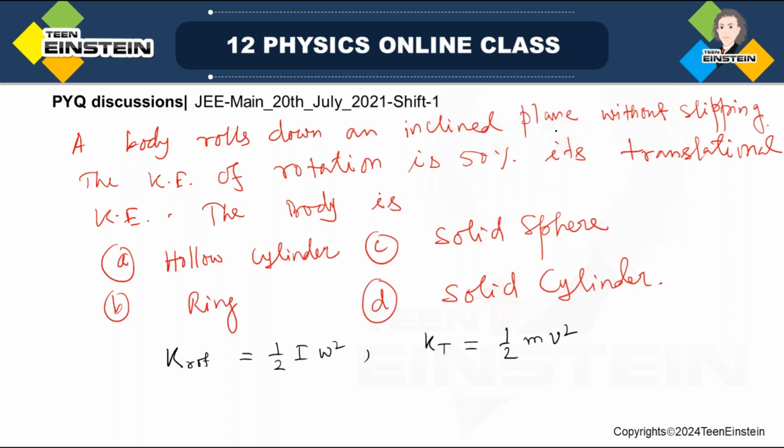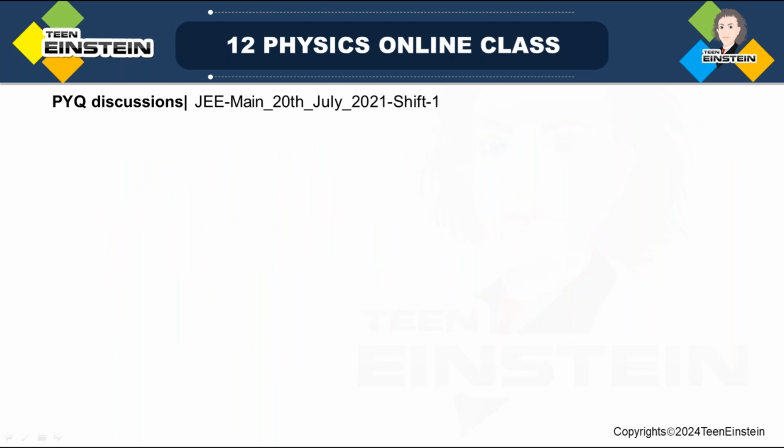See here, rolling without slipping is given. That means you can write v equals R omega. This R is the distance from the axis of rotation. Now look, according to the given condition, half I omega square is equal to half m v square.